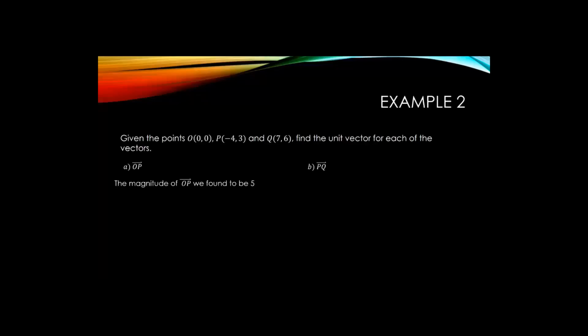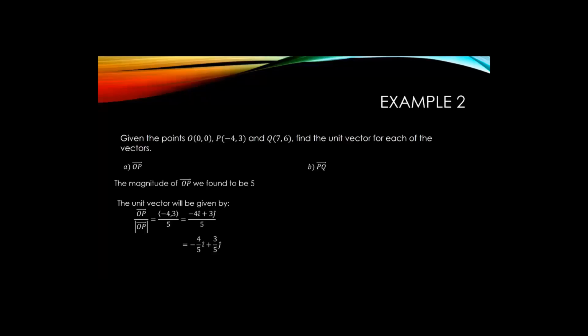A unit vector is simply found by dividing the original vector by its magnitude, so that the unit vector is given by the vector OP divided by the magnitude of the vector OP. That in component form looks like the components minus 4, 3 over 5. I'm going to write this in vector component form with i hat and j hat. This gives me minus 4 i hat plus 3 j hat divided by 5. I break it up into separate components, and my vector is given by minus 4/5 i hat plus 3/5 j hat.